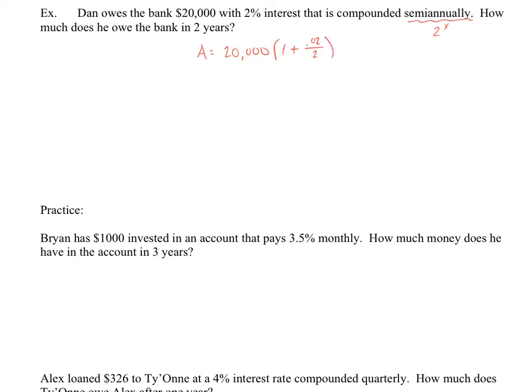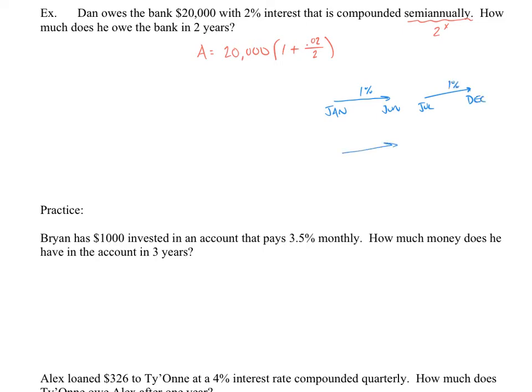Now the next part of this that's kind of tricky, and you have to make sure you pay attention to, is 2 years. How much does he owe the bank in 2 years? Well, this, remember, is going to level out to 1% per 6 months, in half a year. So if we're going to calculate that in the first 6 months, from January to June, there's 1% we're going to calculate. Then we're going to do it again from July to December, but that's just 1 year.